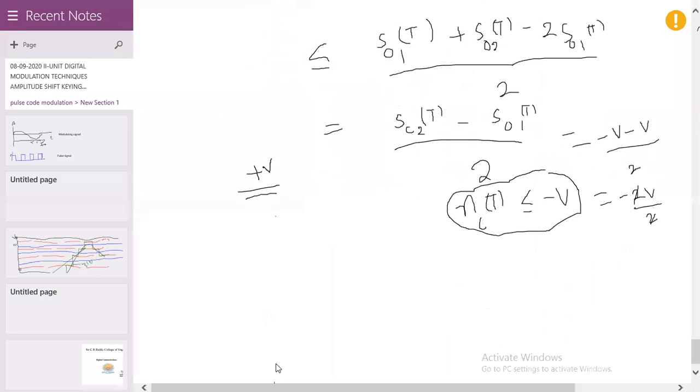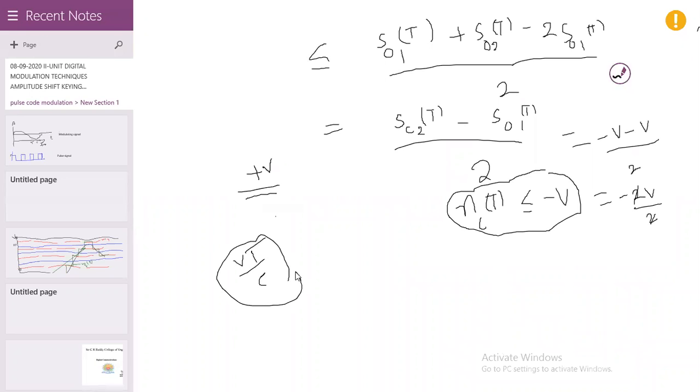Previously, how did we take it? Here N naught of t equal to V t by tau. Here we can consider like that. But instead of considering this one, we can optimize N naught of t equal to S naught 1 of t minus S naught 2 of t, divided by 2.